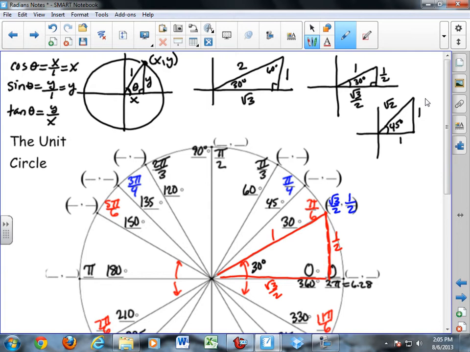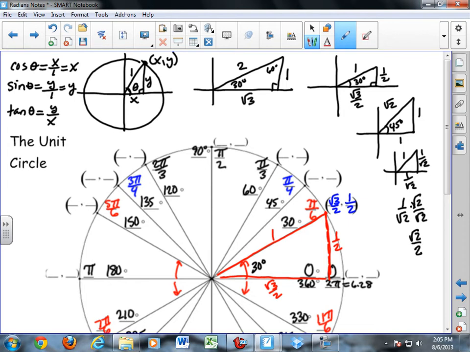Now if I were to divide each of the sides by square root of 2, I would end up with 1 over the square root of 2, 1 over the square root of 2, and just to remind you, 1 over the square root of 2, if I rationalize the denominator, is equal to the square root of 2 over 2.